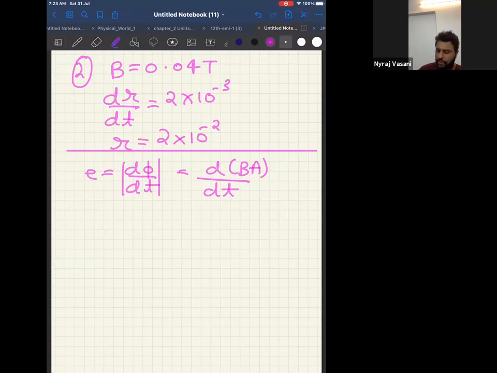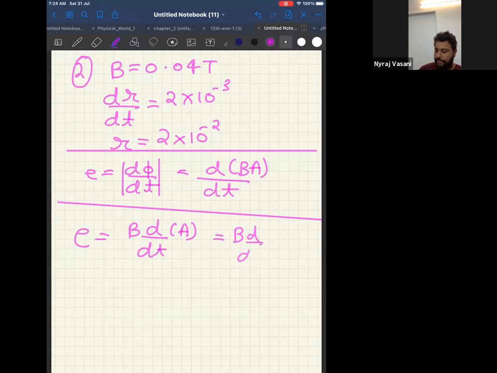So E is equal to B, which is constant, I'll take it outside, d by dt of A. Area can I write as pi r square?